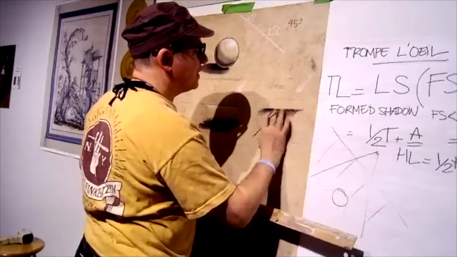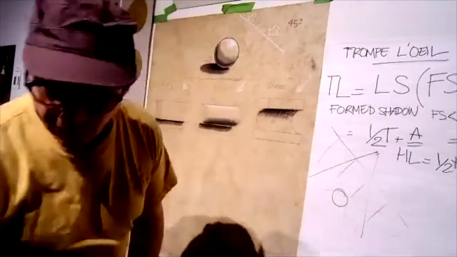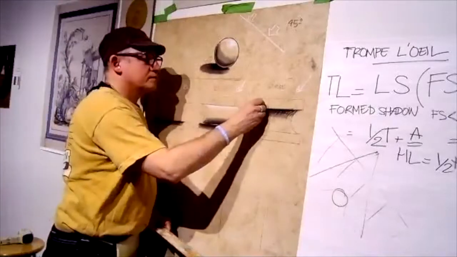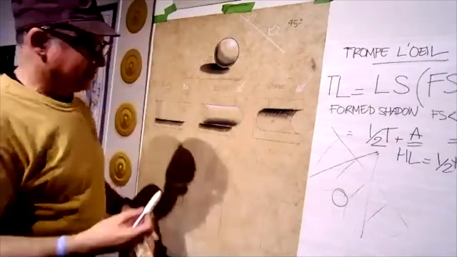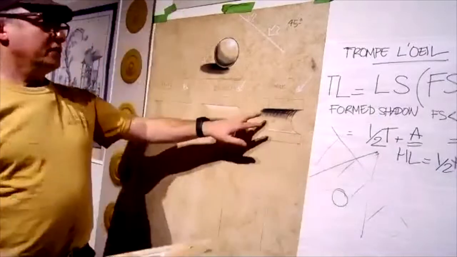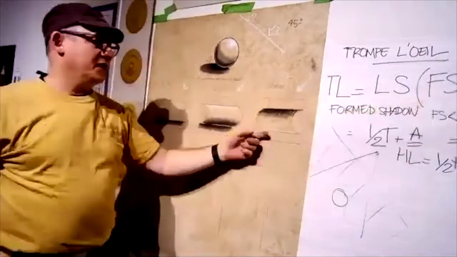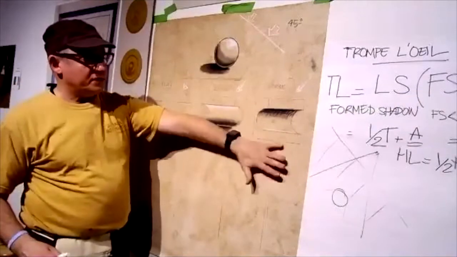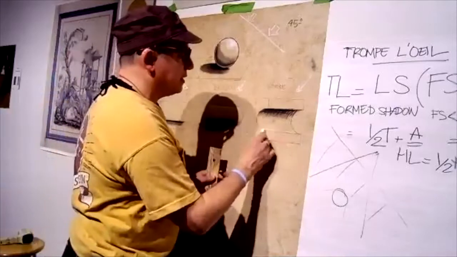So it's not terribly faded, but I think you get the point. Okay, you guys get that? Good. And so here we did the halftone, so the form shadow. Is there a cast shadow? There's none. Forget about the table here, but there's no cast shadow.